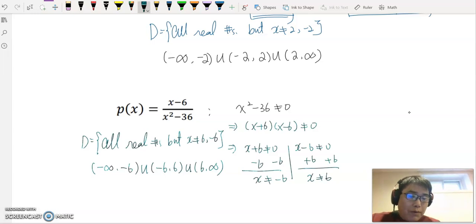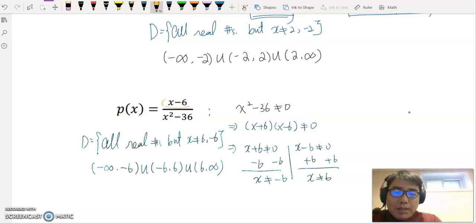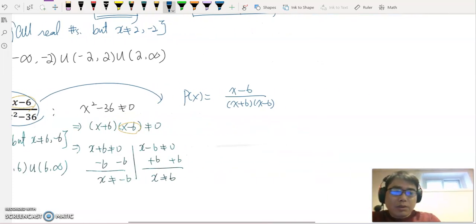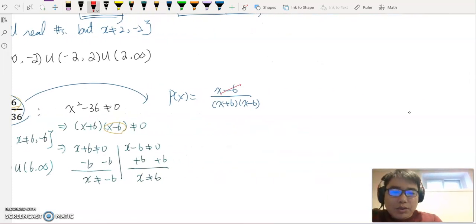But look carefully here. You may think, what about this value, right? So now here, I can rewrite this p(x) equal to x minus 6 over x plus 6 and x minus 6. So now we can cancel these two factors.